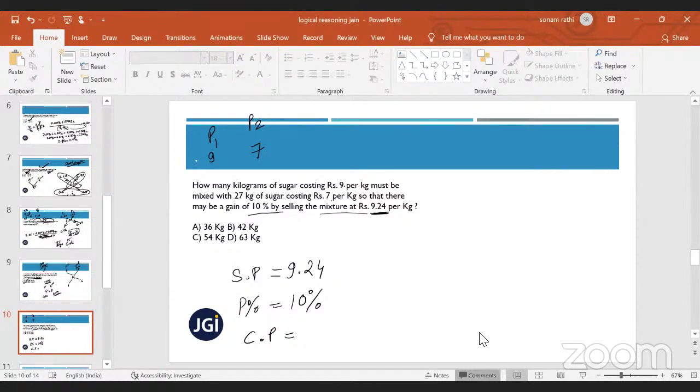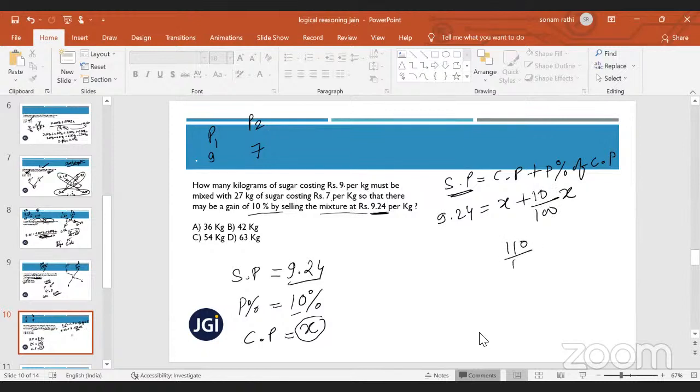Formula was SP is equal to CP plus profit percentage of CP. CP we don't know, so let's say that is X. SP is given to you, 9.24 is equal to X plus 10% of X. So 110 upon 100 X is equal to 9.24.